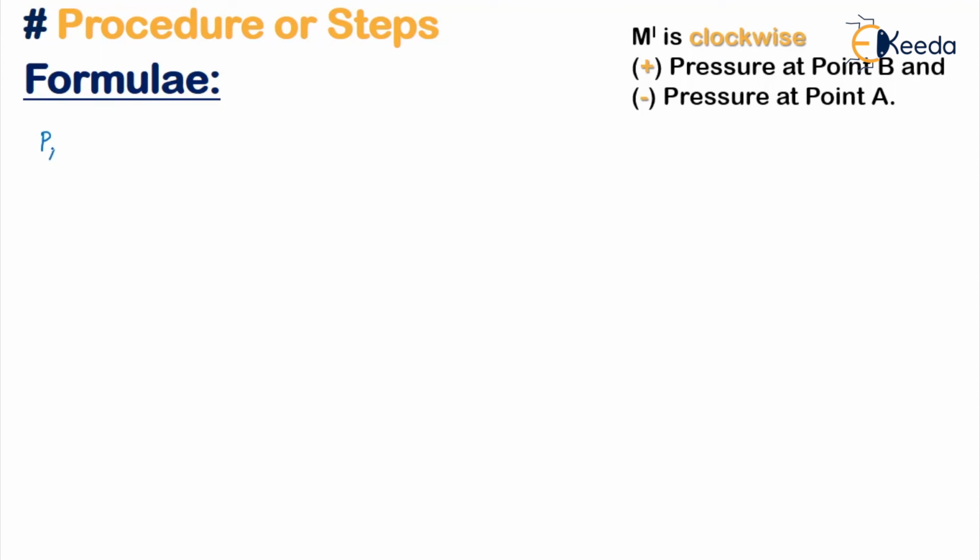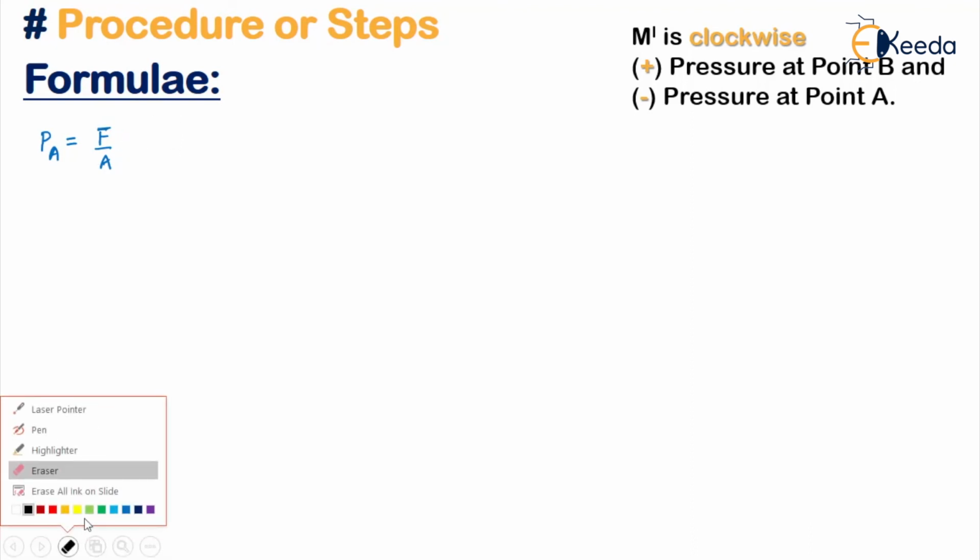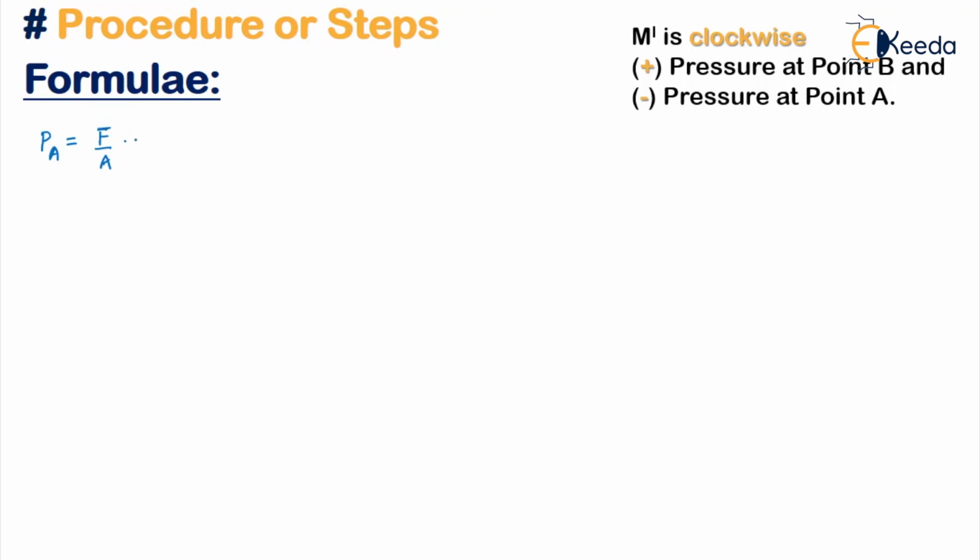So if you want to write the formula, your PA will be equal to F by A. F is what? Equivalent force. A is your cross-sectional area of the column, plus, not plus, at A it will be what? Minus. For this particular case it is minus, right? Minus m dash, that's your moment, by I dash, which is nothing but the moment of inertia of this section, into xb.